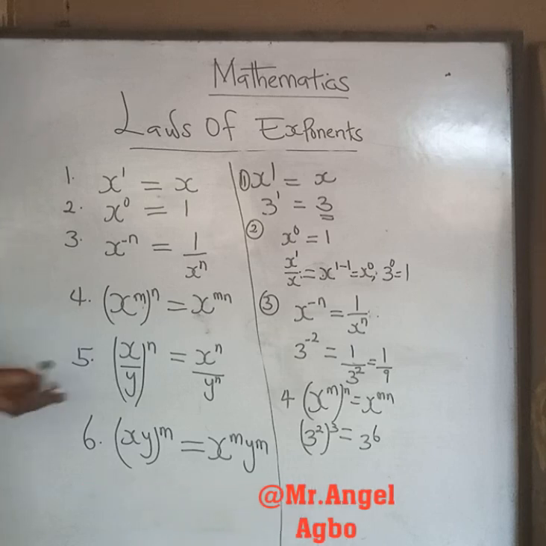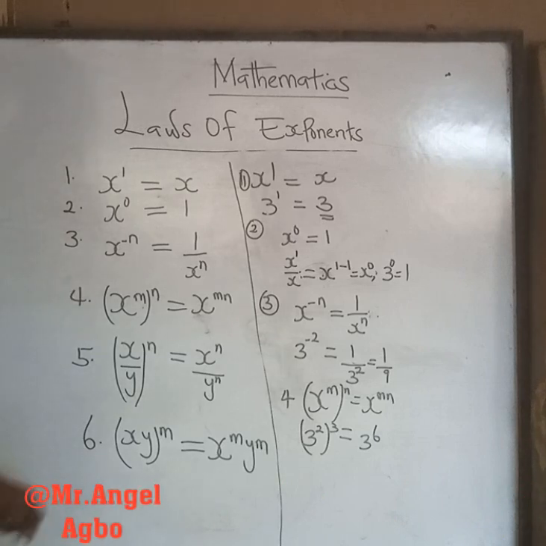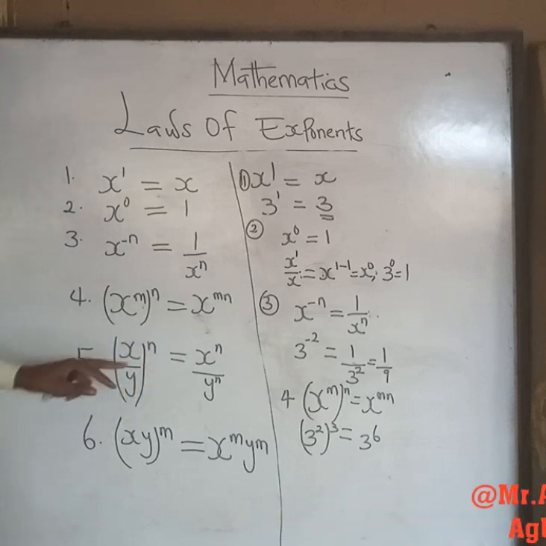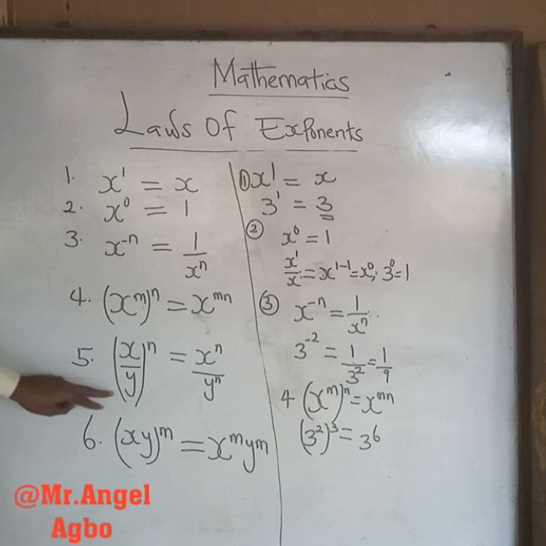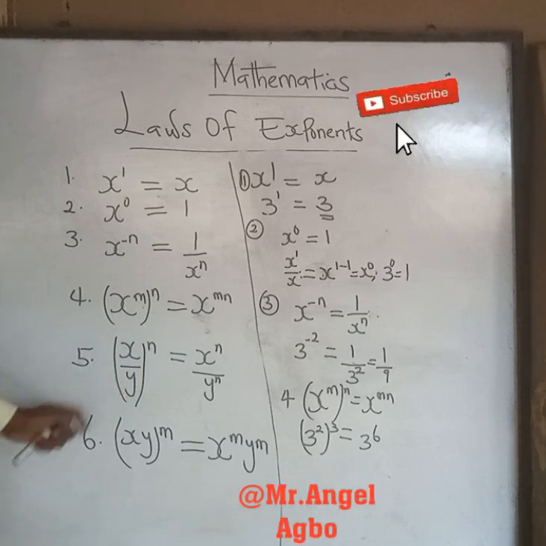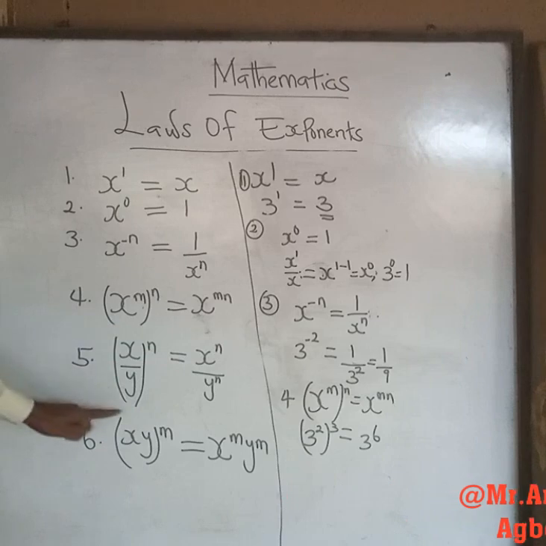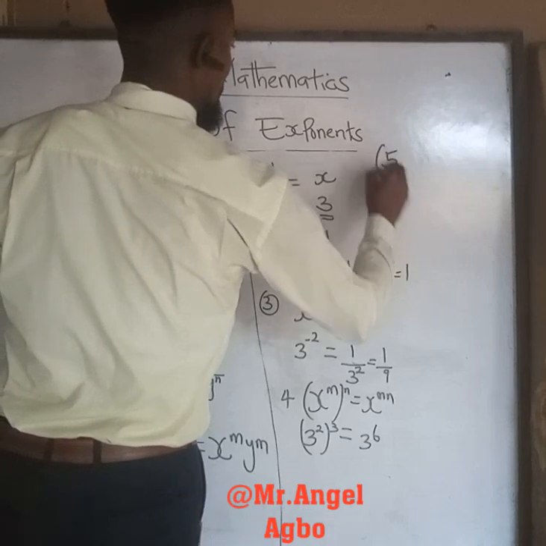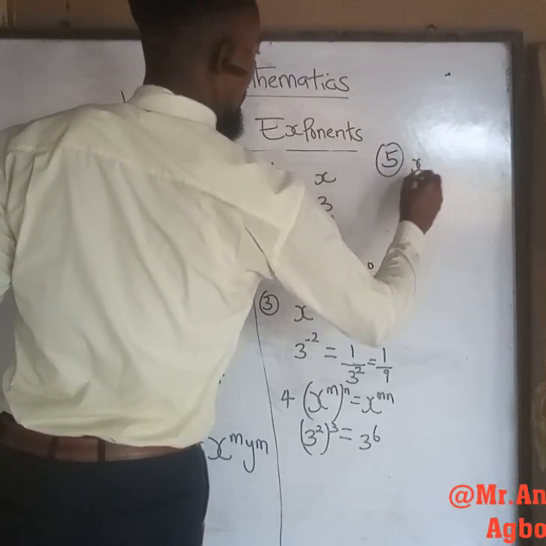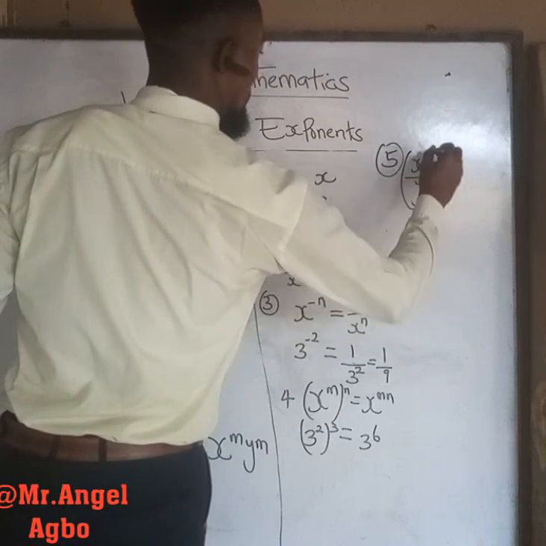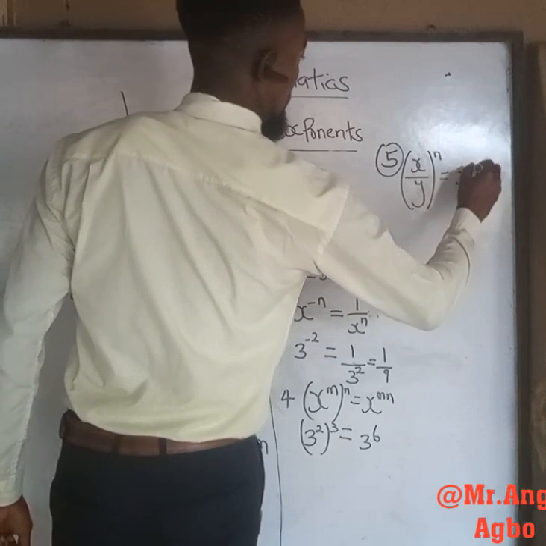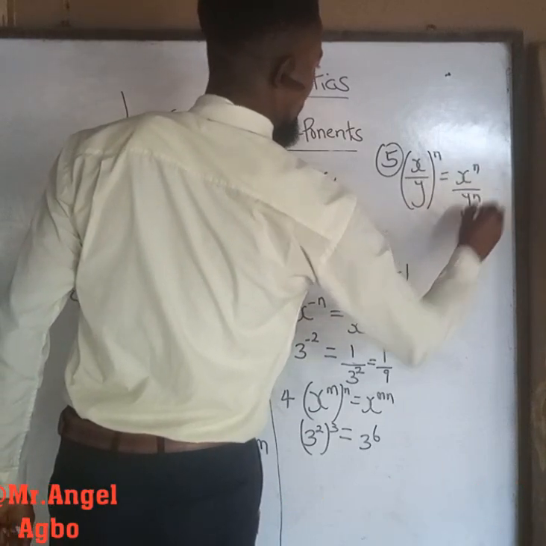Now we move to what? Number 5. x divided by y, in brackets, raised to the power of n. It means the power affects both the numerator and the denominator. So x raised to the power of n divided by y raised to the power of n. So we are going to have it this way. Let's write number 5. x divided by y, all raised to n, is the same as x to the n over y to the n. That is just it.